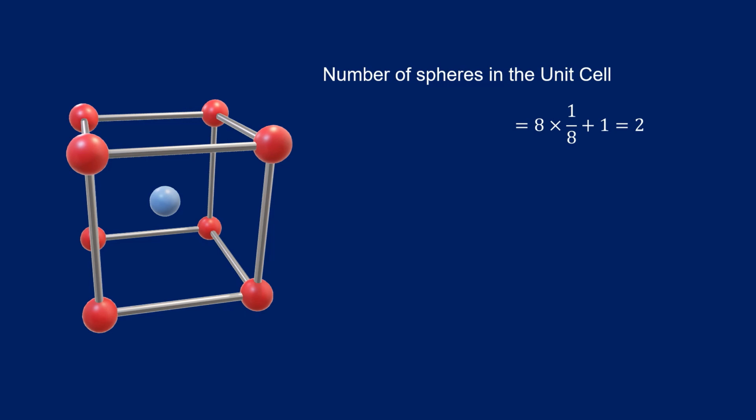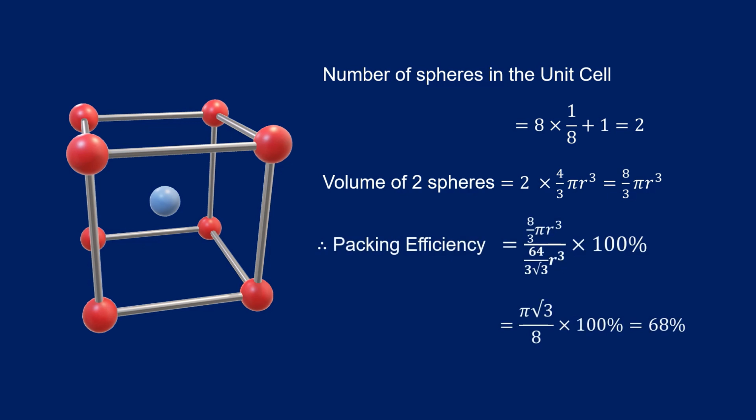For a body-centered cubic unit cell, the rank of the unit cell is 2. Thus, the volume of the two spheres is equal to 8/3 πr³. Thus, by putting these relations for the volumes of the spheres and the unit cell in the formula for packing efficiency, we can calculate the packing efficiency for a body-centered cubic unit cell, which is 68%.